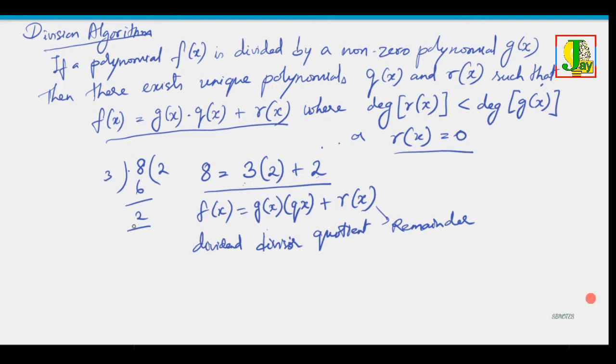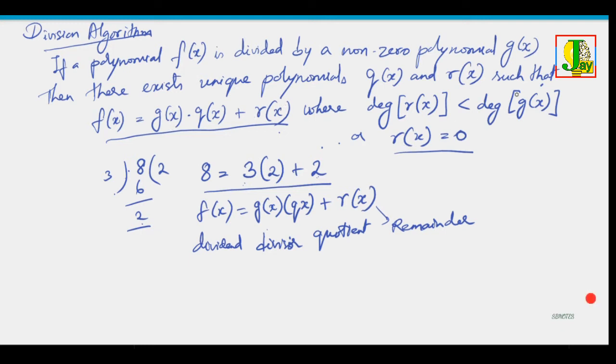Here, the remainder cannot be more than the divisor, because if it were more, you could go one step more, and then 3 into 3 is 9. You cannot take it even equal to the divisor. In the same manner, the degree of r(x), the remainder, is always less than the degree of g(x).